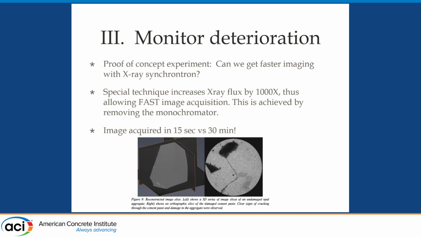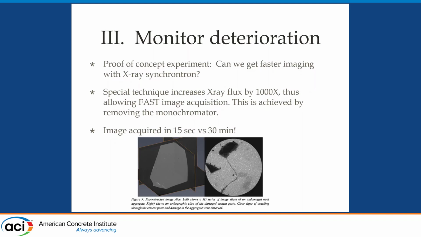A third study in that paper was monitoring deterioration. And this was kind of interesting. It was a proof of concept experiment. And it was basically, can we get faster imaging? The X-ray sources at the synchrotrons have a monochromator to keep your X-ray source at a very defined frequency.